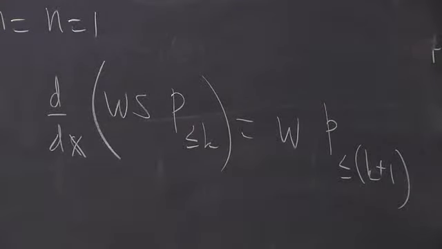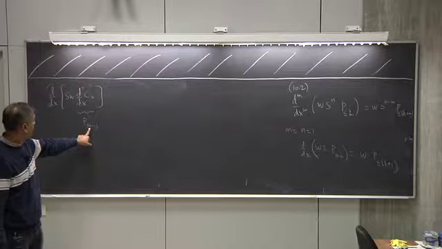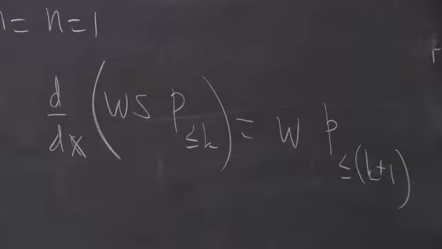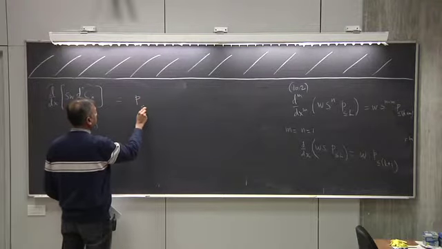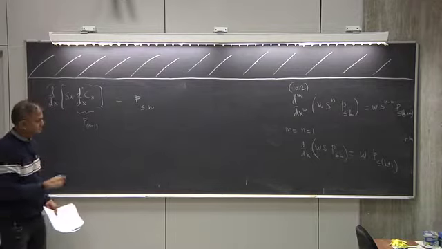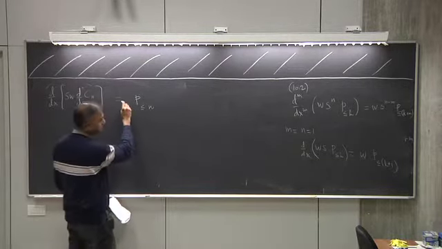Now just take k equal to n minus 1. If you take k equal to n minus 1, then that lemma says that this is a polynomial of degree less than or equal to n minus 1 plus 1, times w.